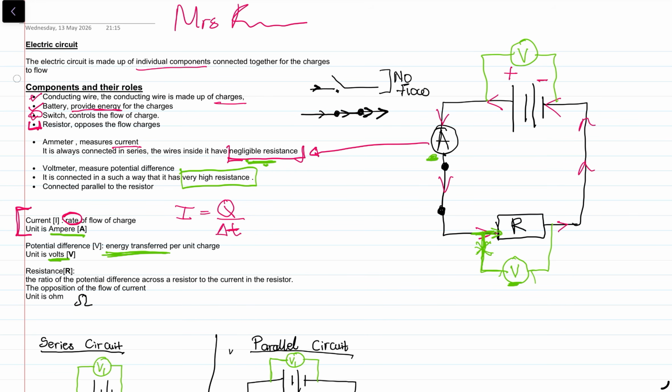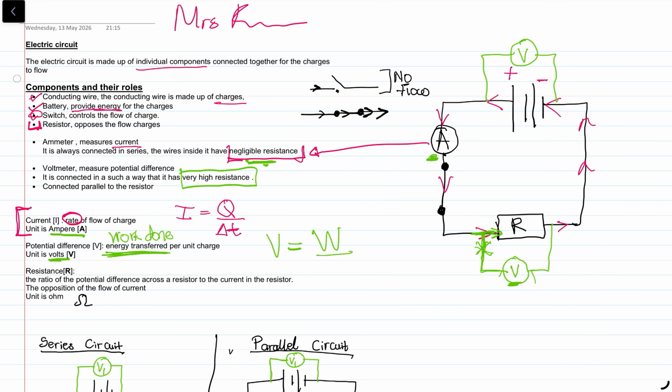So, as I was saying, the potential difference is the energy per unit positive charge. The moment you see per unit electric charge, you know that if it says per, whatever we're talking about now is going to the denominator. So the voltage is equal to the energy, which we represent by W. Other definitions say it's the work done.